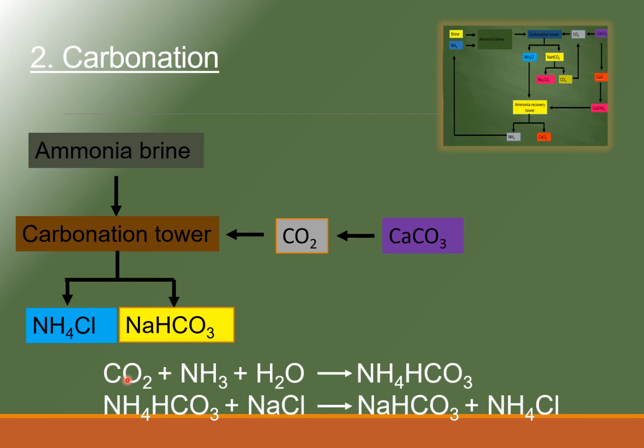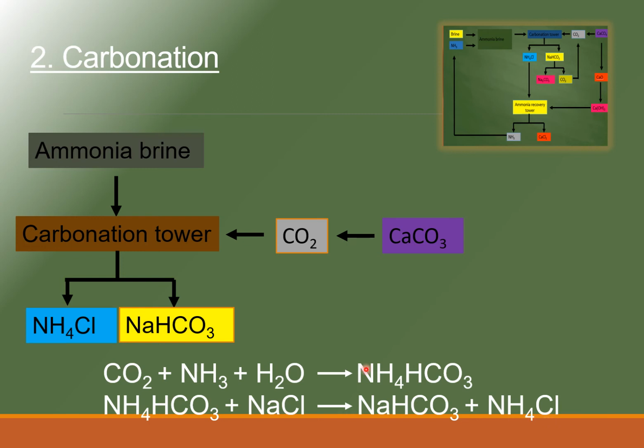When carbon dioxide passes through the carbonation tower, it reacts with ammonia and water and forms ammonium hydrogen carbonate. This ammonium hydrogen carbonate reacts with sodium chloride and forms sodium hydrogen carbonate and ammonium chloride.